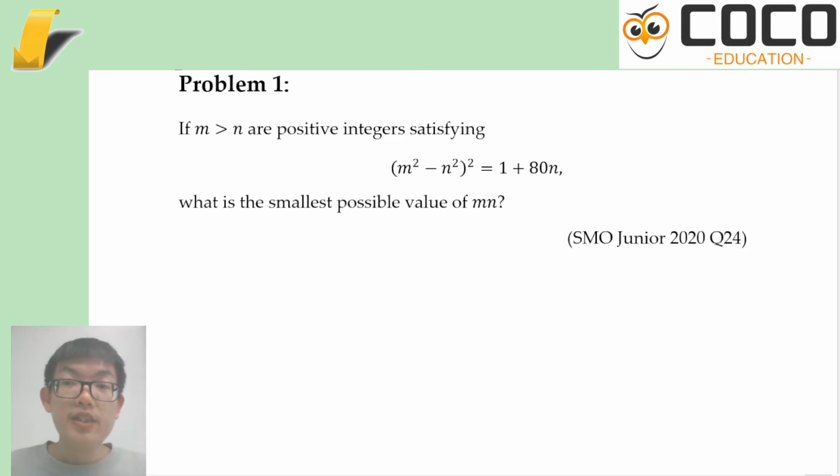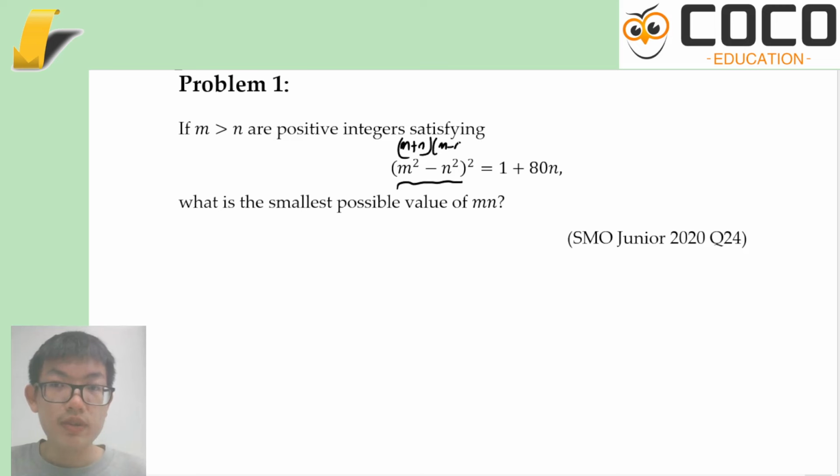So, when I look at this question, as an SMO Junior problem, I kind of look at m squared minus n squared and I feel like doing a difference of squares. We talked about this not too long ago, but it doesn't really do much here.